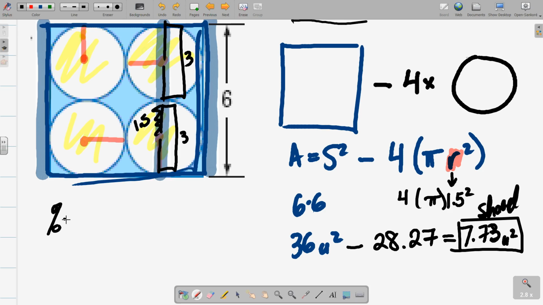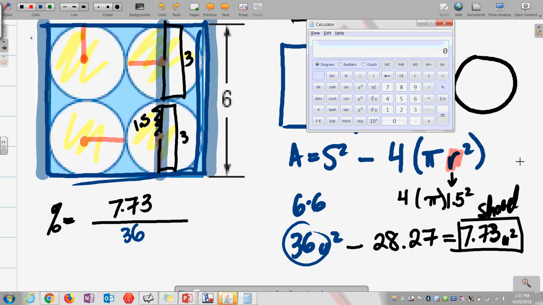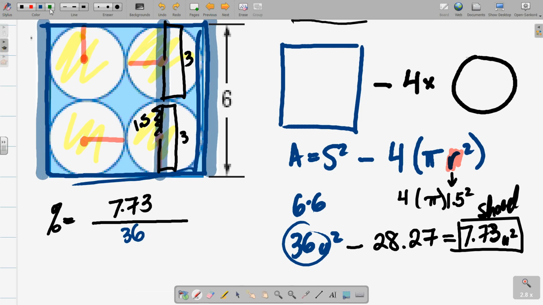Now to get the percent probability, it's area of the potential, which is the shaded region, over the area of the whole, which is 36. You take it to the second decimal. It's 0.21. So that is approximately 21%.